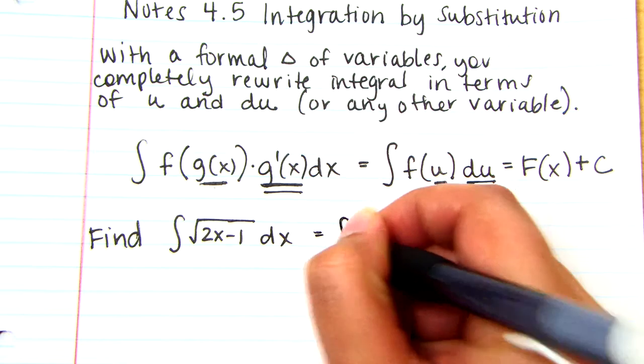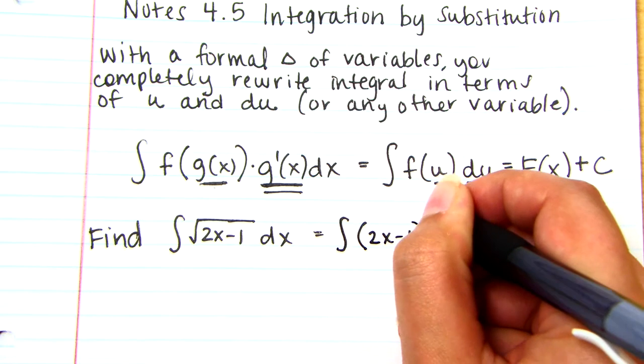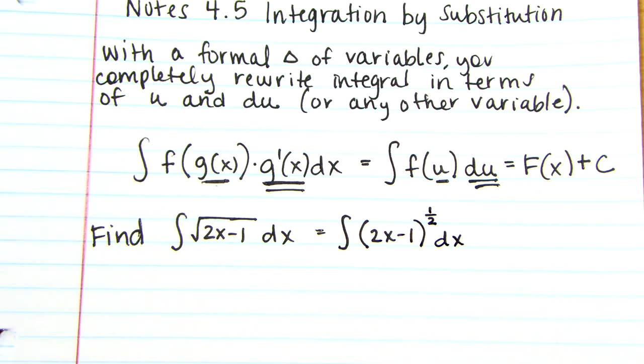So this is actually thinking about 2x minus 1 to the power of 1/2 dx. I still need the integrand because I haven't integrated anything. I'm just playing with formatting. You can't distribute that exponent. It doesn't work like that if you've got addition or subtraction there. So you have no way with your current skills to be able to integrate this.